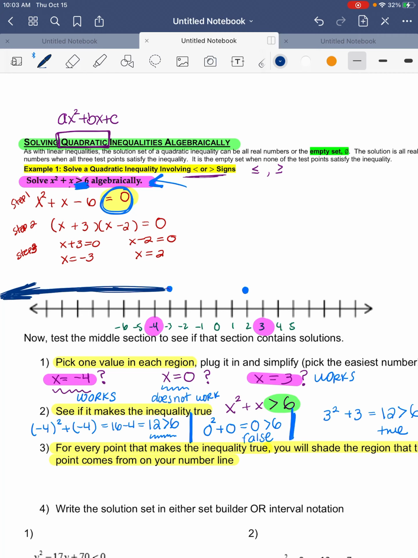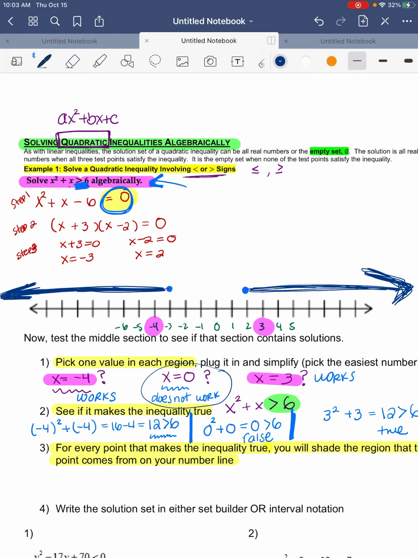Now the other number that gives me something true was 3. So that means that I'm gonna shade that region where 3 is, which is this one. And I am not gonna shade the middle region where 0 was, because remember that it didn't work. X equals to 0 didn't work, so I'm not gonna shade that region in the middle.